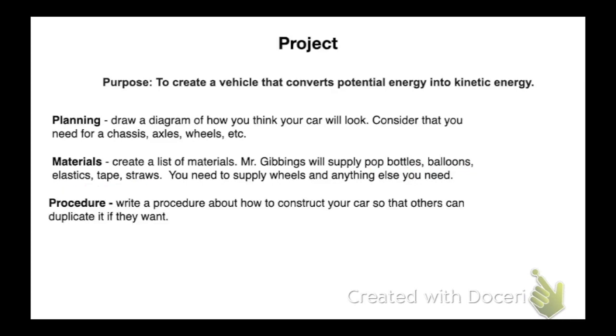You'd have to write a procedure about how to construct your car. So an example of that is like saying, number 1, I cut holes in a plastic pop bottle.